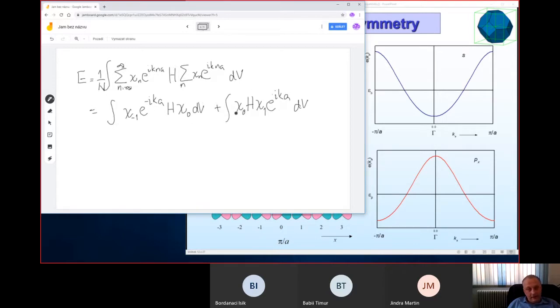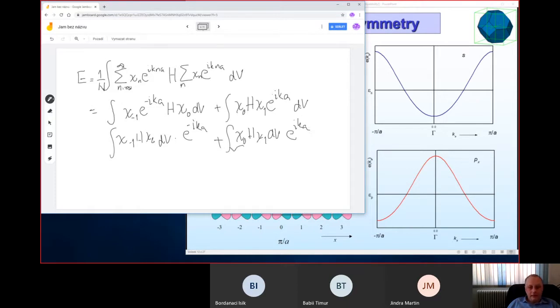So we have the integral of chi minus 1 H chi 0 dV times e to the power of minus i k a, plus the integral of chi 0 H chi 1 dV times e to the power of i k a.